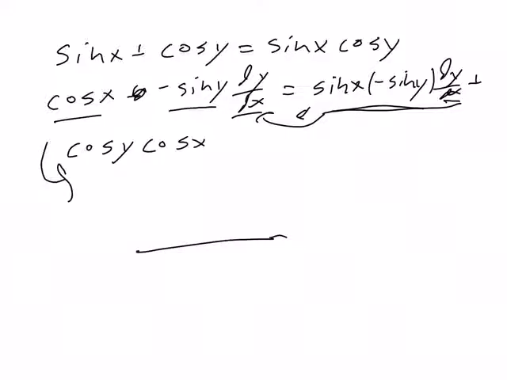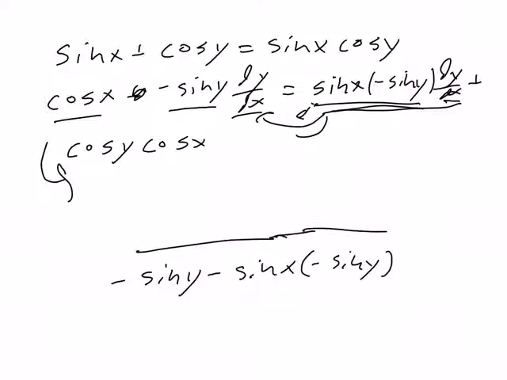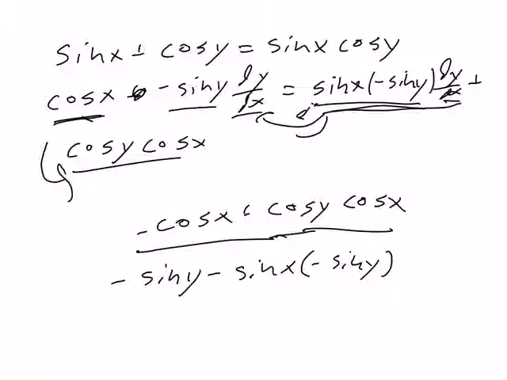We have negative sine y minus this part over here, which is sine of x, and there's a minus because we moved it, sine of x minus sine of y, and then this is going to be negative cosine because it's going to go to the other side of the equality, and then we're going to have plus this, plus cosine y cosine x. So now, okay, that's finished with that.